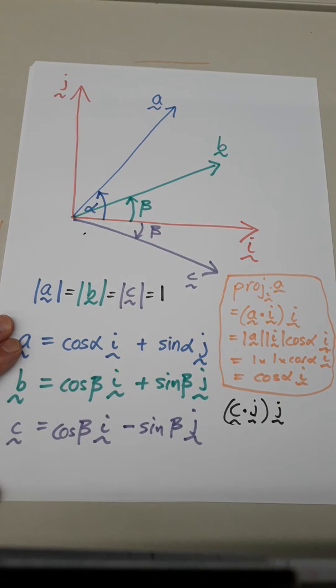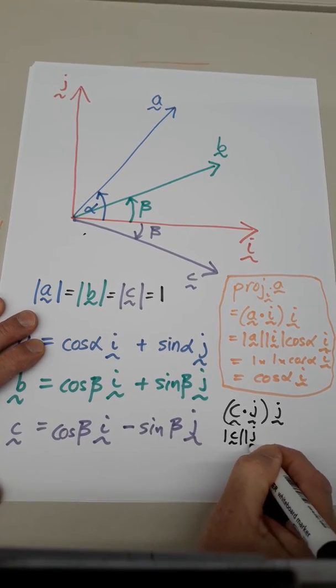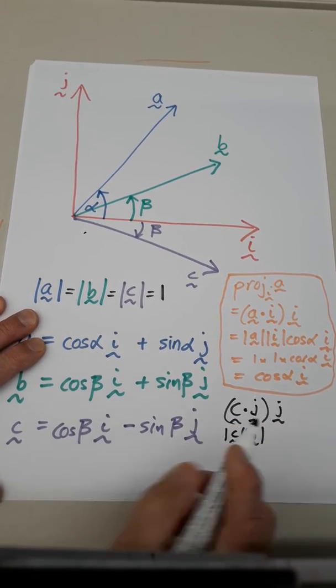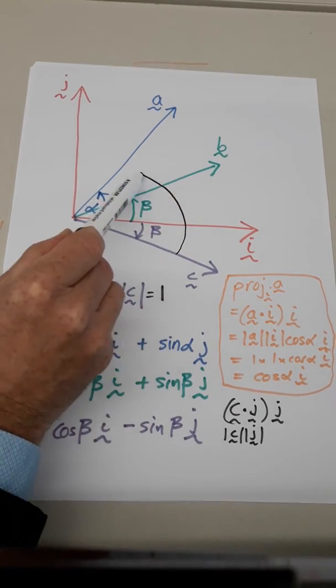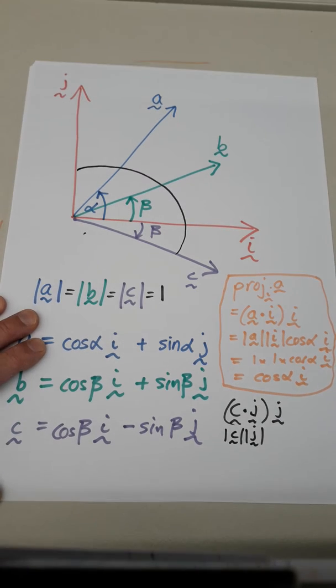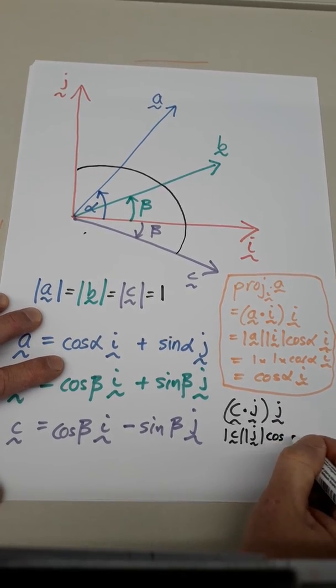That's the actual vector way of working it out. Now, C dot J is the size of C times the size of J times the angle between C and J, and the angle between C and J is all of that, which is actually 90 plus beta.